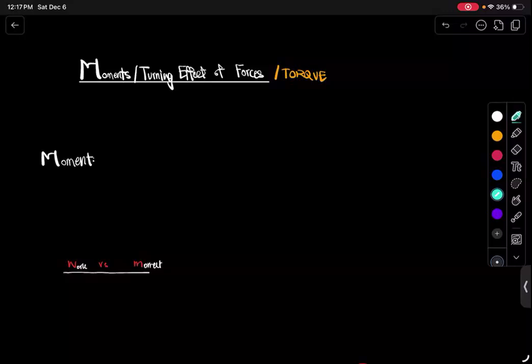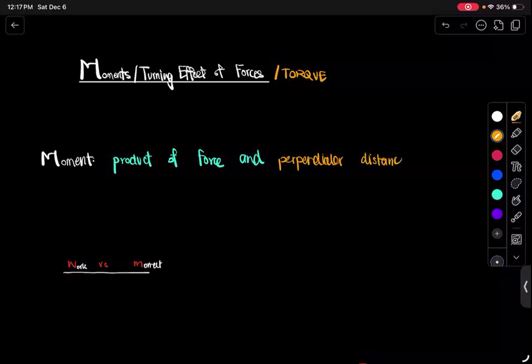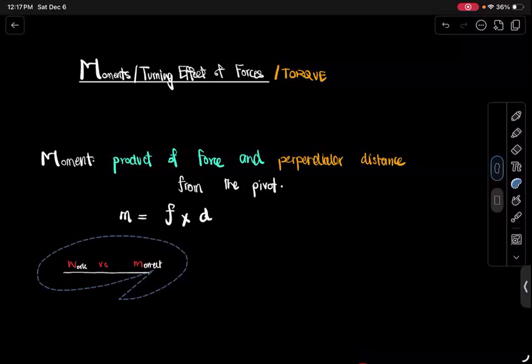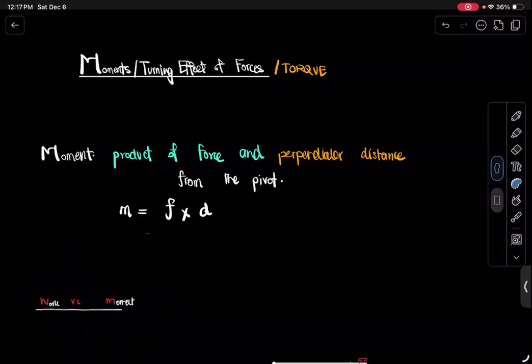Moment is basically the product of force and perpendicular distance from the pivot. The definition is pretty important because a question almost always asks this whenever it comes up. So that means moment M is equal to force multiplied by the distance, but you've got to make sure that they are both perpendicular.